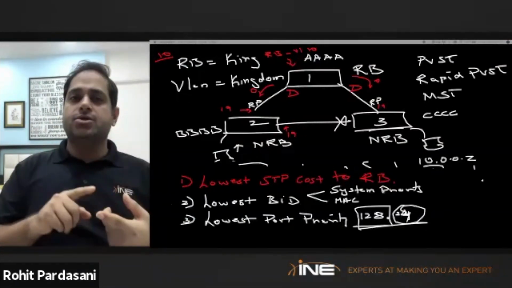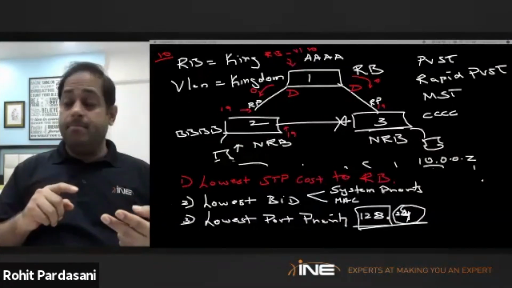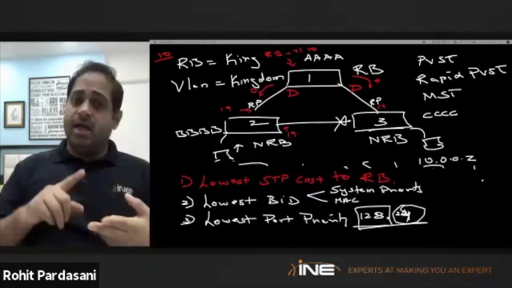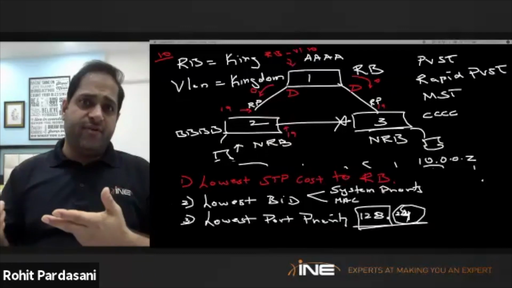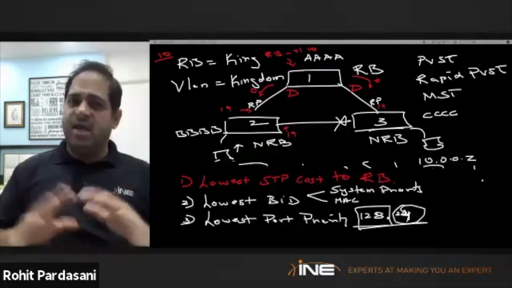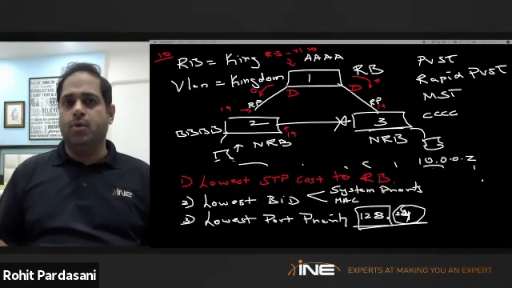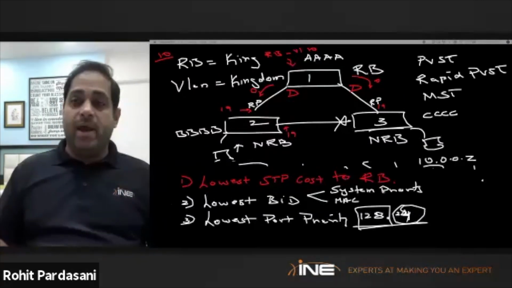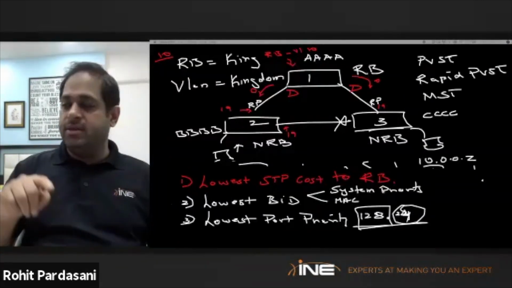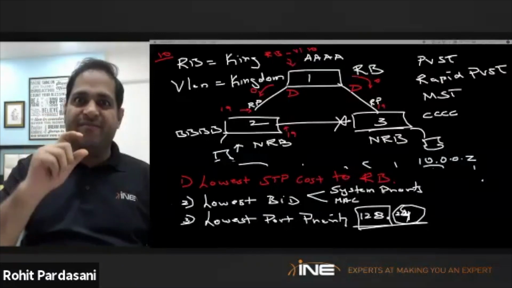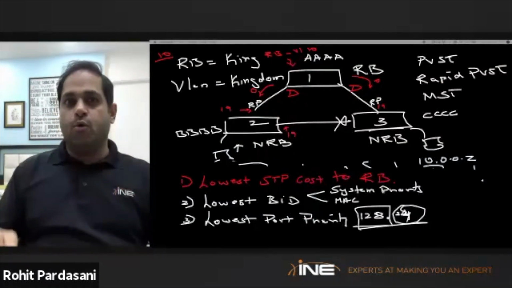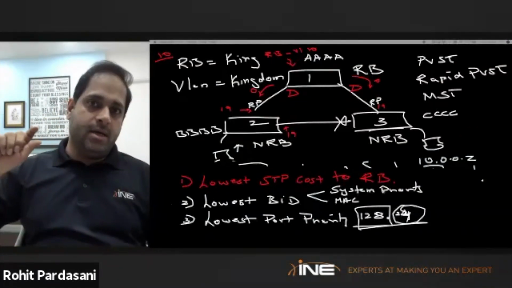Lowest cost to the root bridge, if same, lowest bridge ID. In bridge ID, he compares the system priority first and then the MAC address. If that's the same, then he goes to the lowest port priority, where in the port priority, the 128 or the port priority value gives preference over the ID, the interface ID.